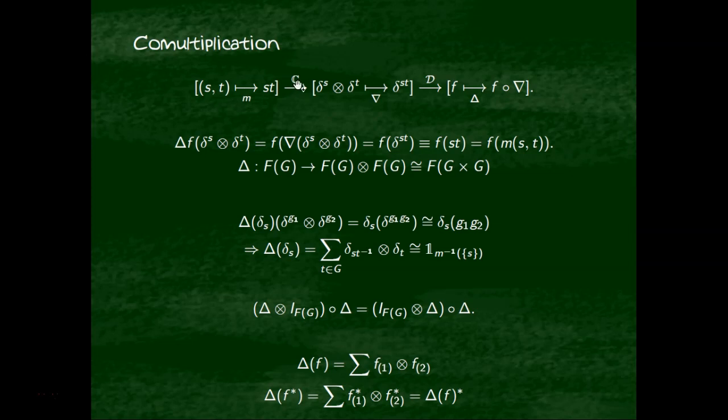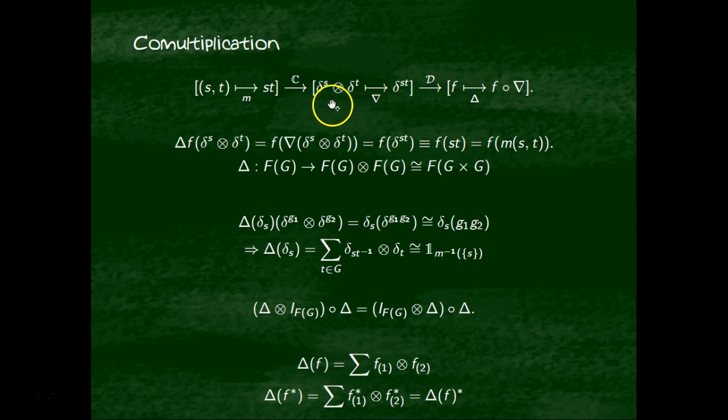Now what this does is it takes us from a set to a vector space, but it also takes morphisms in the category of sets to morphisms in the category of vector spaces. So here the multiplication in the group gets turned into the multiplication in here. Now I may as well introduce at this stage, the object that the group is sent to is called the group algebra.